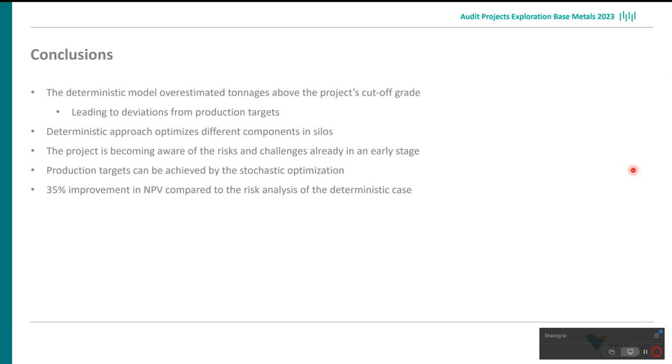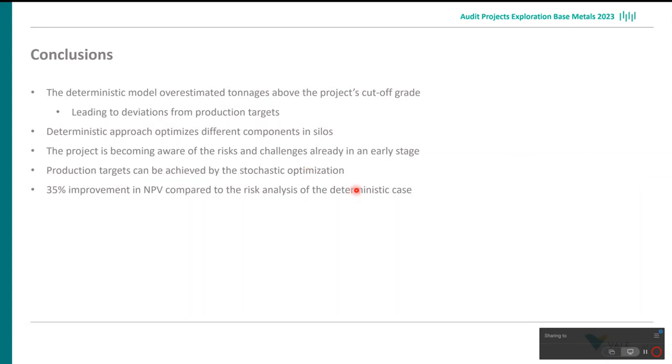that would harm the NPV assessment. And there's also a drawback of the deterministic approach, which is that it optimizes things in silos, so it doesn't consider the synergies of optimizing different components simultaneously. The project is becoming aware of the risk already in the early stages, so this information is going to go forward.